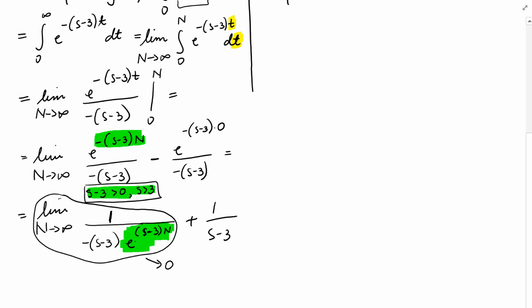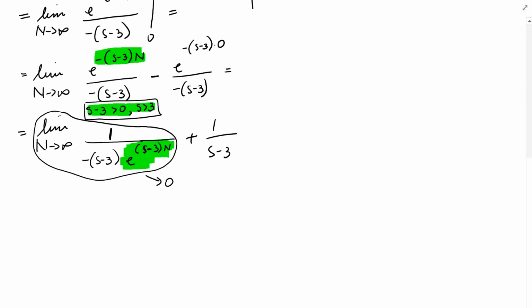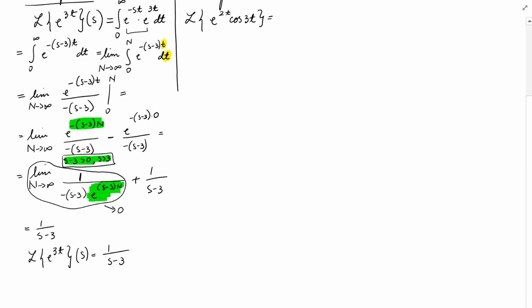Now we know for sure that we have e to infinity, which is infinity. So we can conclude that the Laplace transform of e to 3t, as a function of s, is 1 over s minus 3. What the Laplace transform did is transform a function in t into a function in s.